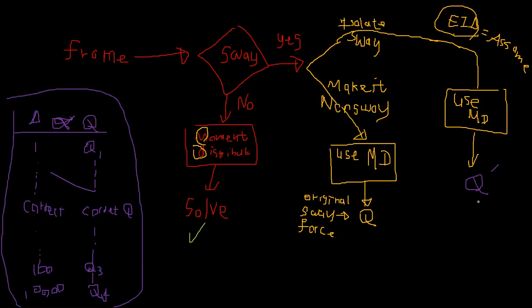So once you find Q dash, right? So convert moments. How to do that?